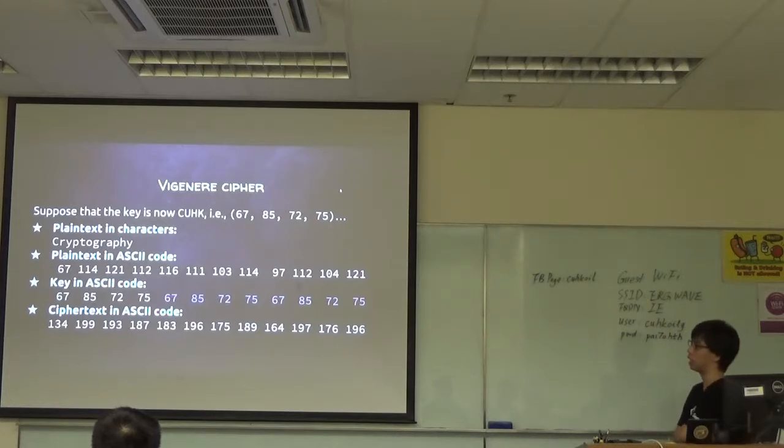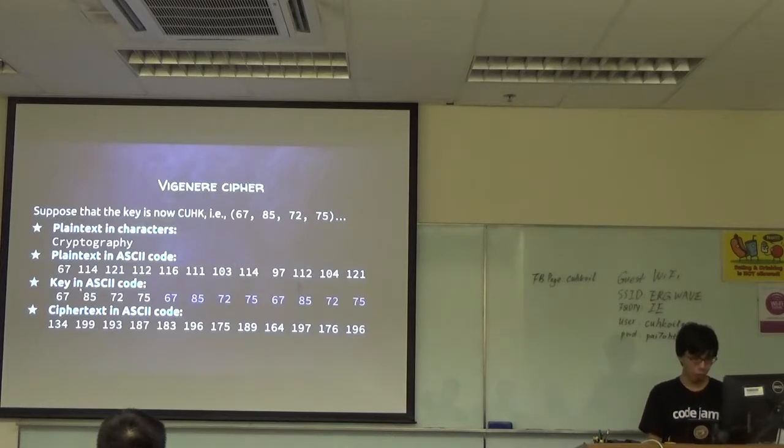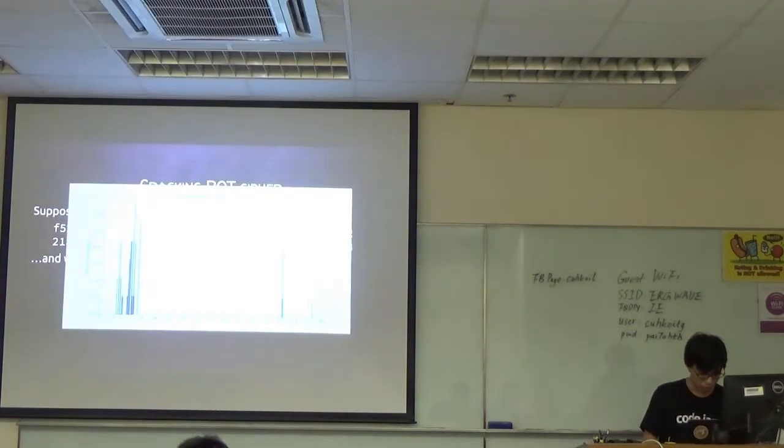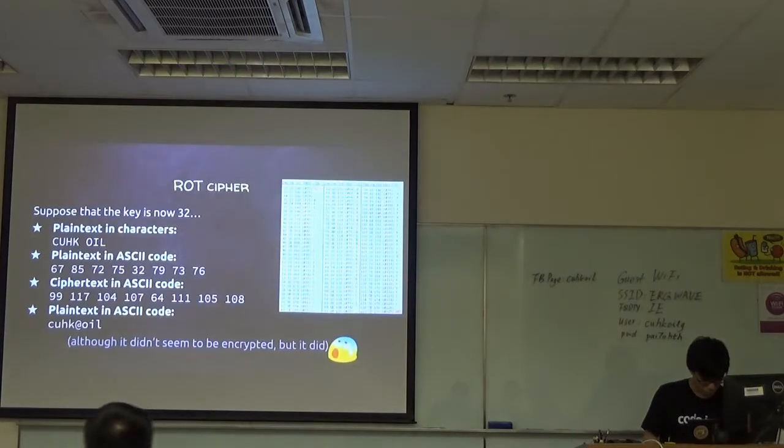Suppose that we have the key CUHK. If we encrypt cryptography using the key CUHK, what we are doing is similar. The plain text in ASCII is always converted first, and the key in ASCII is also considered. Beforehand, we used 32 as a key.